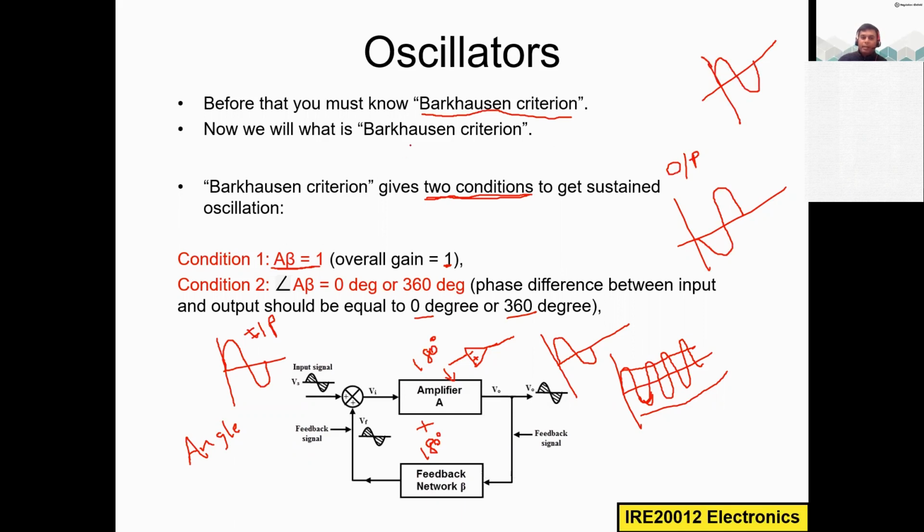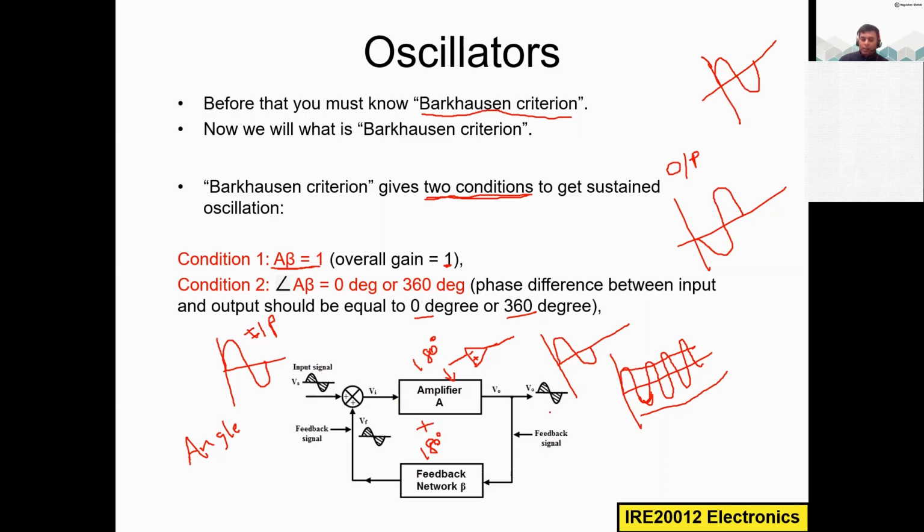So the Barkhausen criterion is giving us two important conditions to get stable oscillations at the output. First, the overall loop gain must be equal to 1. And the second is that the phase difference between input and output should be equal to 0 degree or 360 degree.